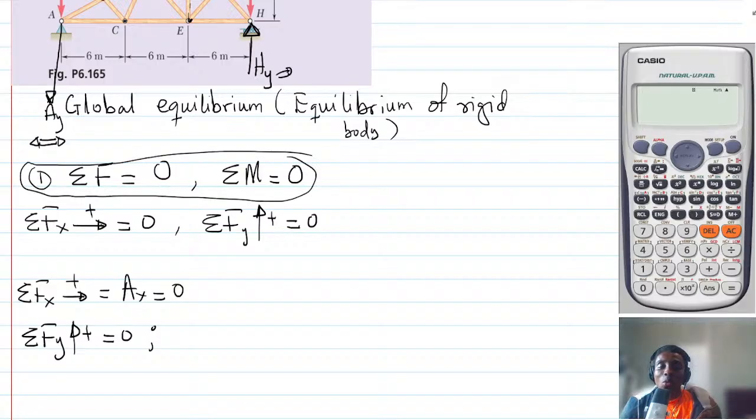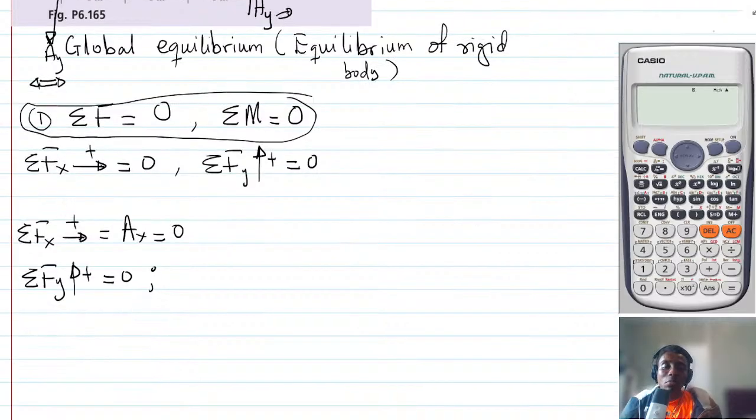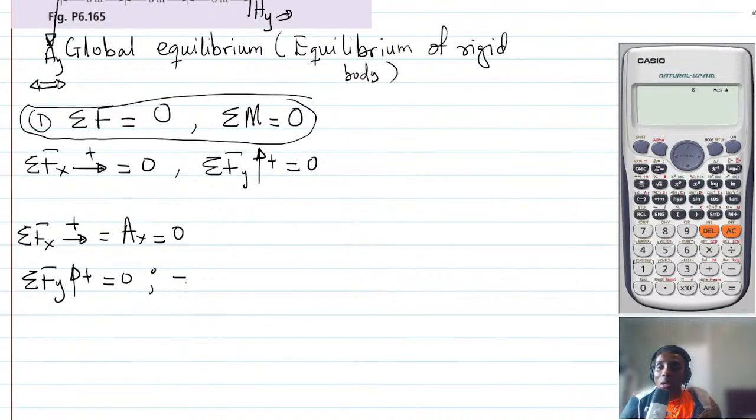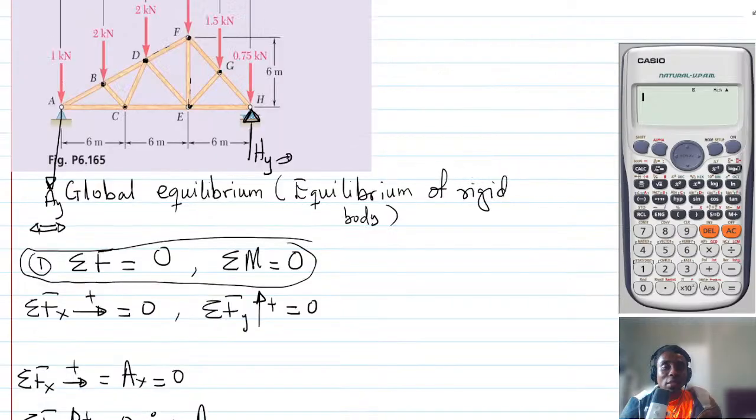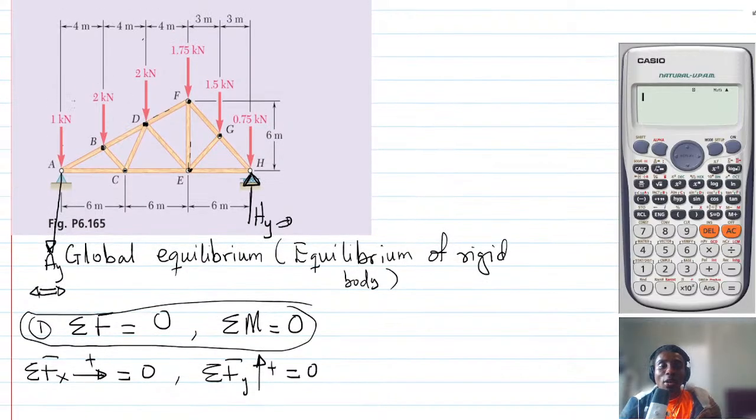AY is coming down, so that's minus AY. And there is a 1 kilonewton force here, so minus. I want us to do this together. All these forces, let's add them and negate them so that we can go faster.